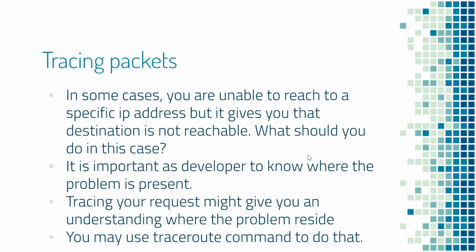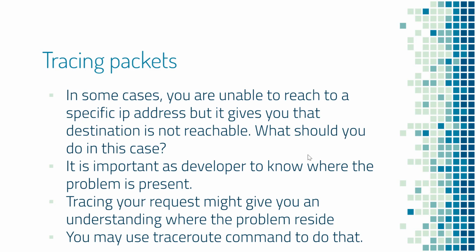Another scenario which is really important to understand is if your application is behind a firewall, for example, and you want to check whether it is accessible from somewhere or not. You have to know if your packet is blocked by someone or not.